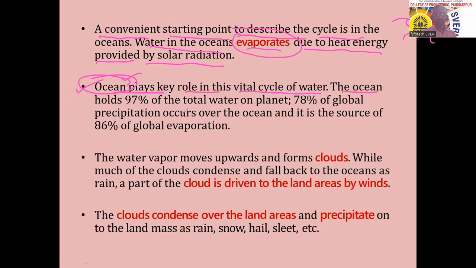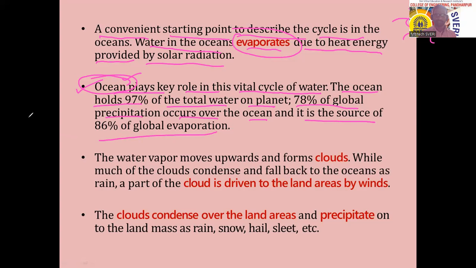The ocean holds 97% of the total water on the planet. Among that, 78% of the global precipitation occurs over the ocean, and it is the source of 86% of the global evaporation.